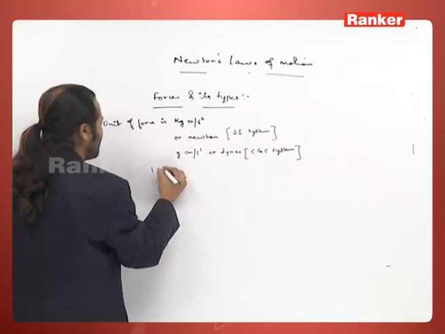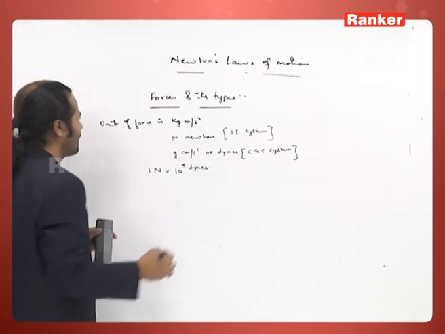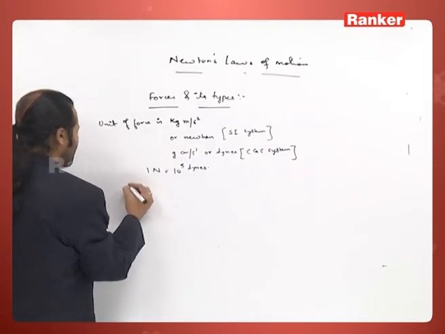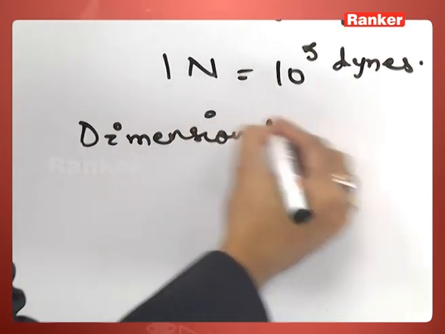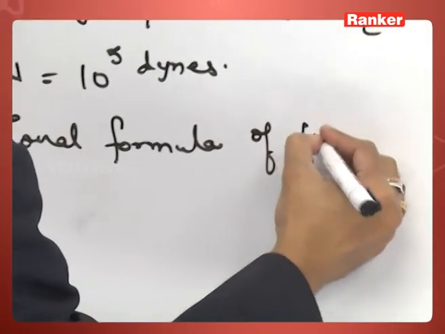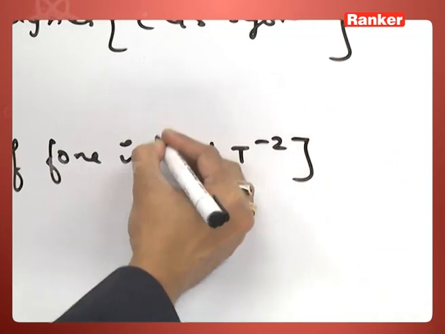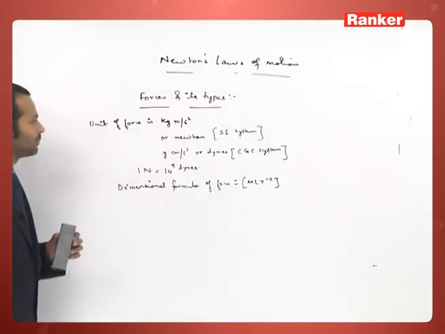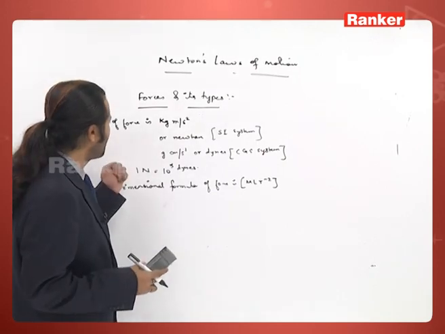So 1 Newton equals 10 to the power of 5 dynes. These are the units. And dimensional formula of force is MLT minus 2. These are the units of forces.